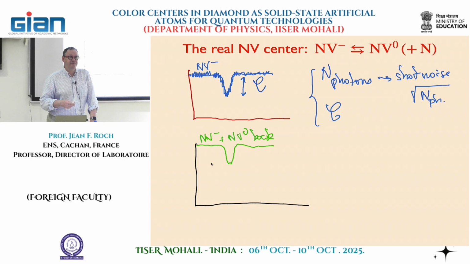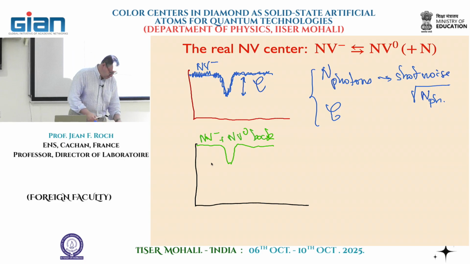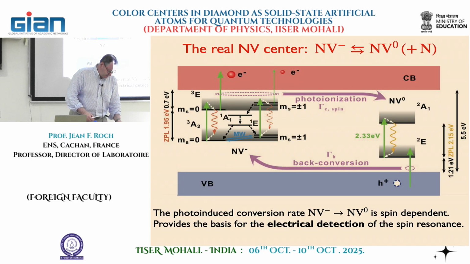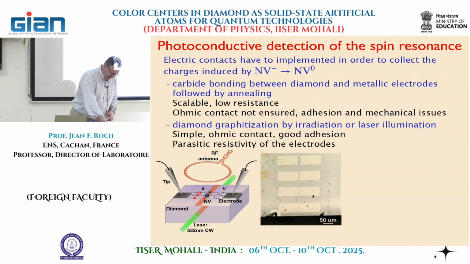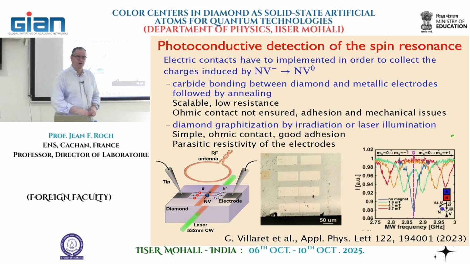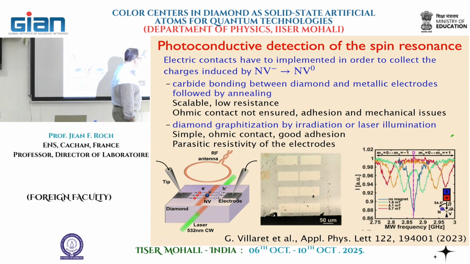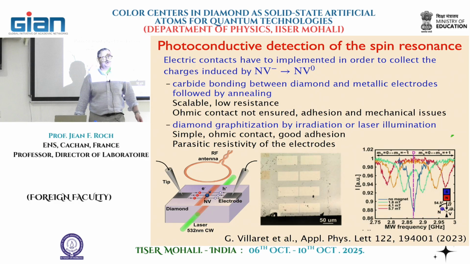On the PDMR, for the moment, if we look back to the PDMR, it should be here. Of course, we see it like this curve. There is a contrast, but the contrast seems to be much higher.